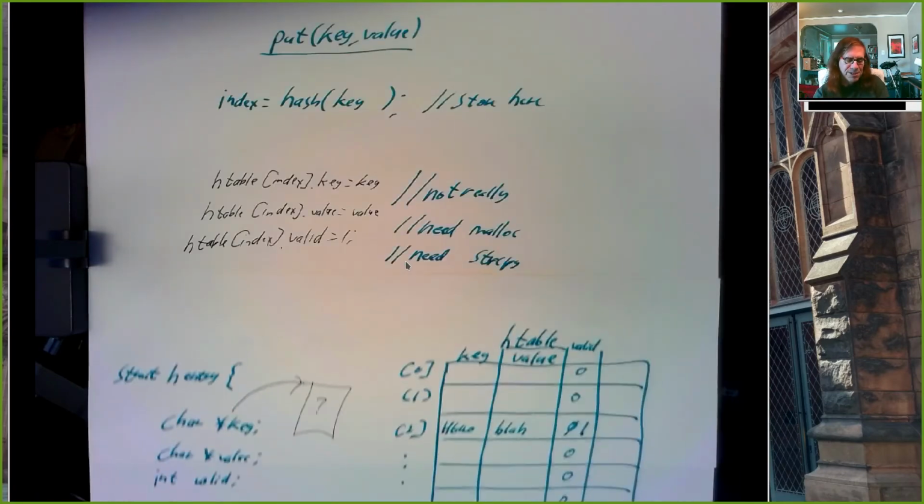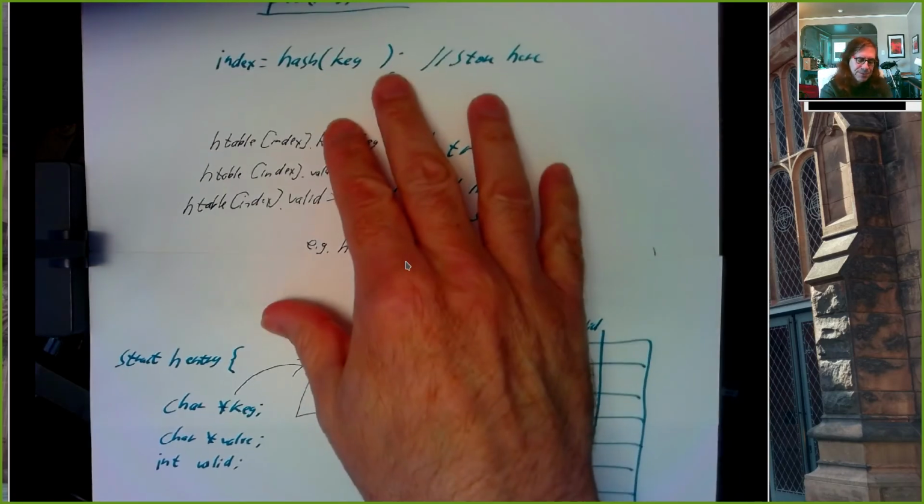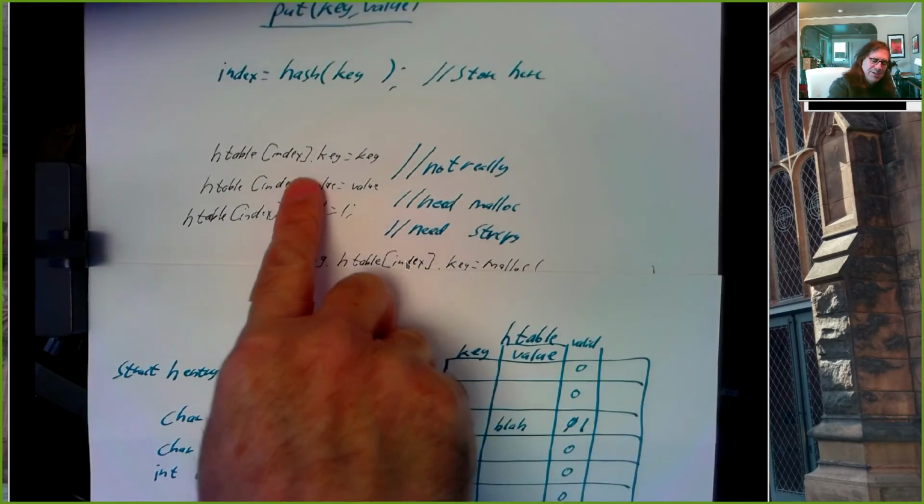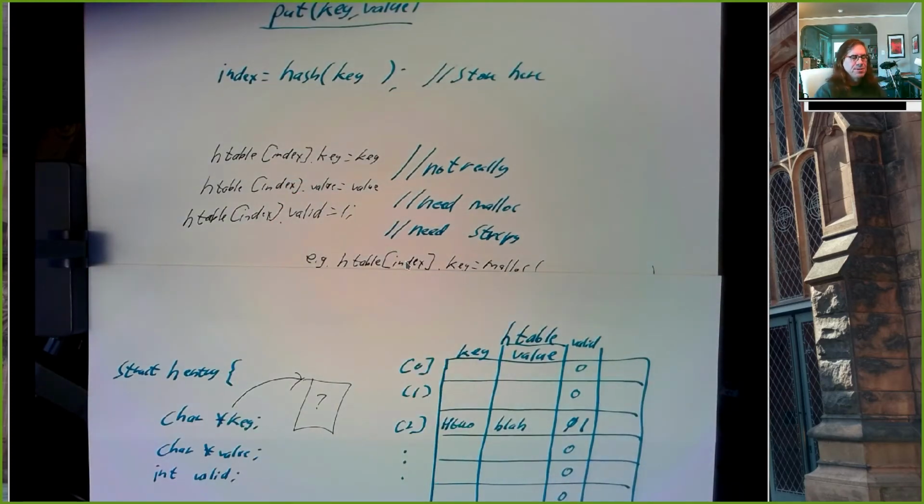All right, so that's a good start on the put function. There's one detail that we're missing in here, though, and it relates to the valid flag. We need to do one other thing before we can actually store the key value pair.